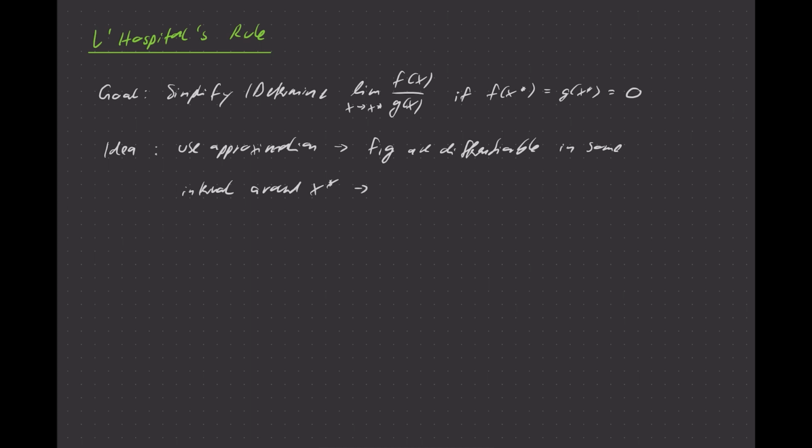So for x close to x star, we have the following. We have f prime at x star. You know that by definition, f prime at x star is the limit of the following expression: f of x minus f of x star divided by x minus x star, and we take the limit.